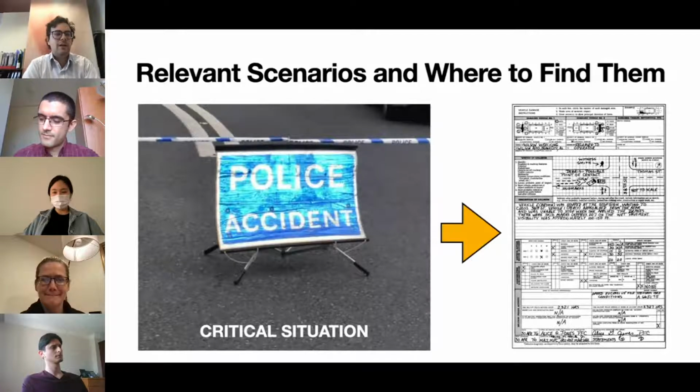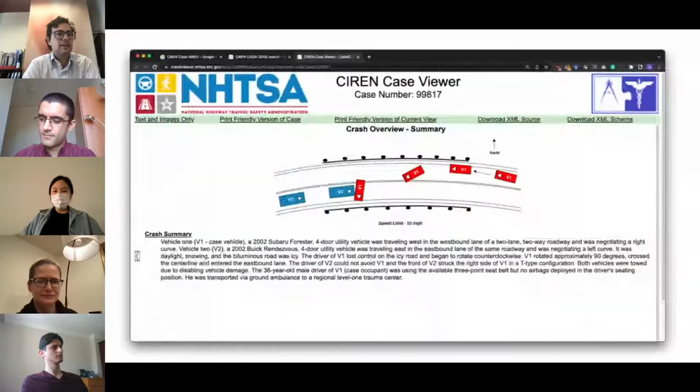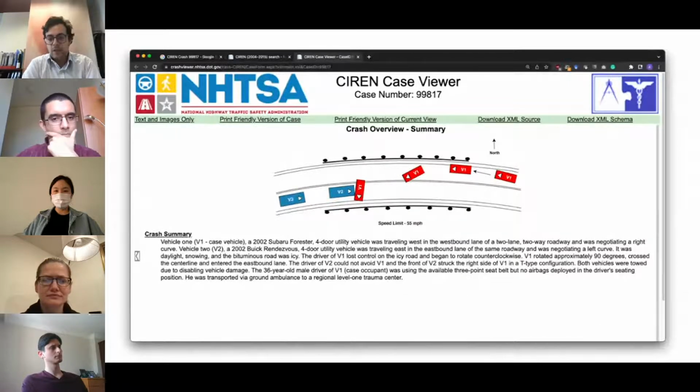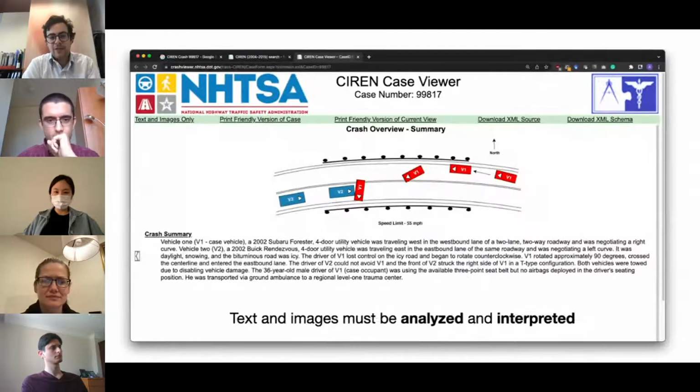So you have a very large number of different critical situations that you can refer to while testing your cars. Now, the challenge of this, and this is an example of an actual crash from the National Highway Traffic Safety Administration, NHTSA, for this SIREN study, is that text and images, that's how those crashes are documented, must be analyzed and interpreted.